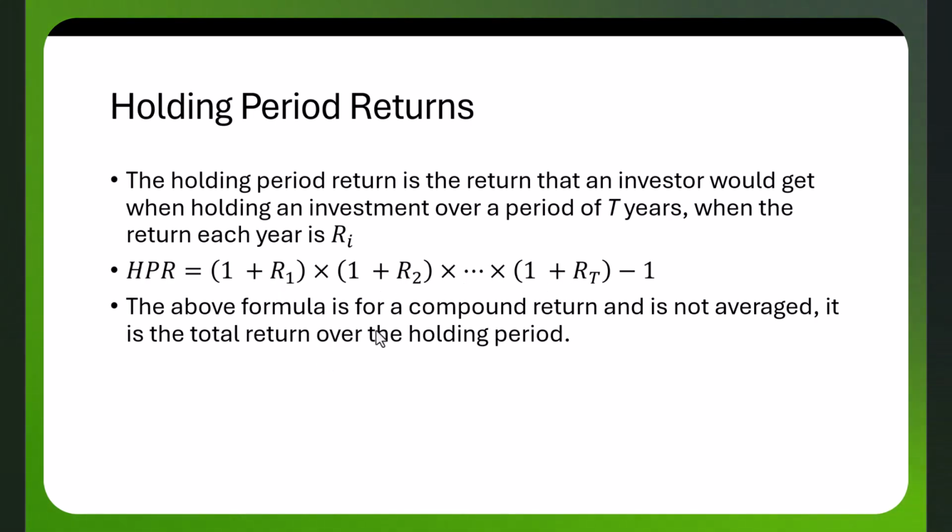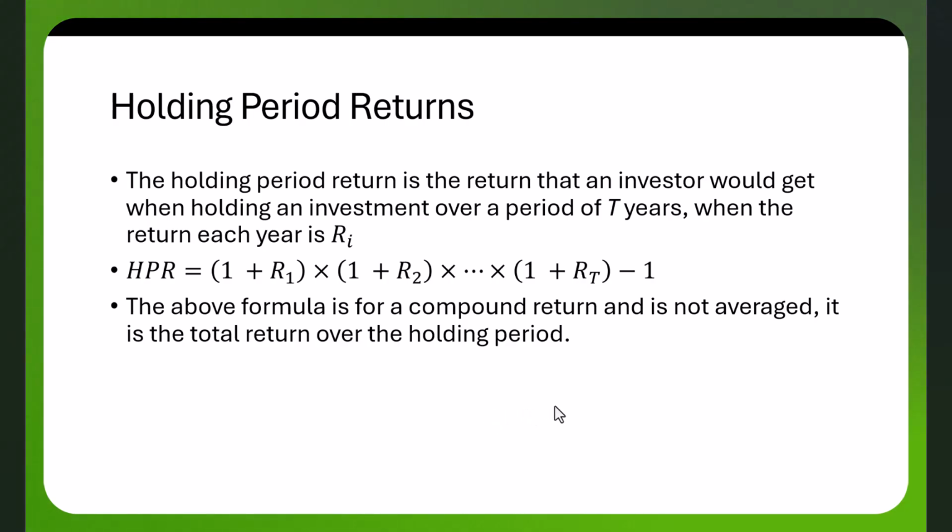You're going to raise it to the 1 over T power. If you think about arithmetic averages, you divide by the number of observations. Here, because you're multiplying, you're going to raise it to the 1 over Tth power. So if you have 2 returns, you're going to take the square root of that. If you have 3 returns, you're going to take the cube root, etc.